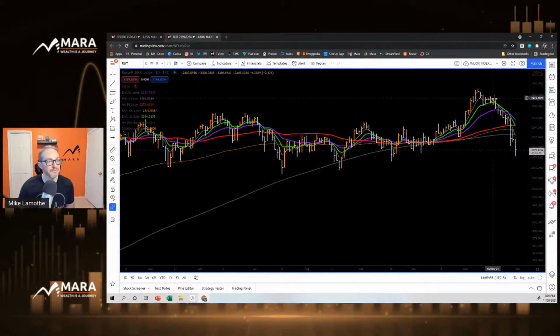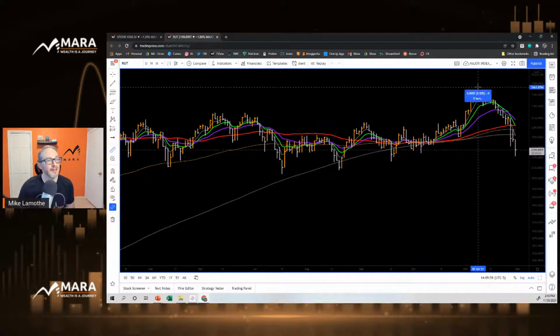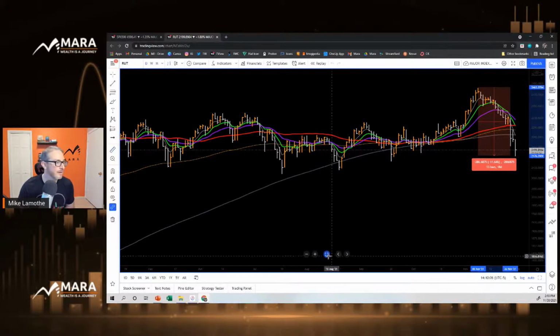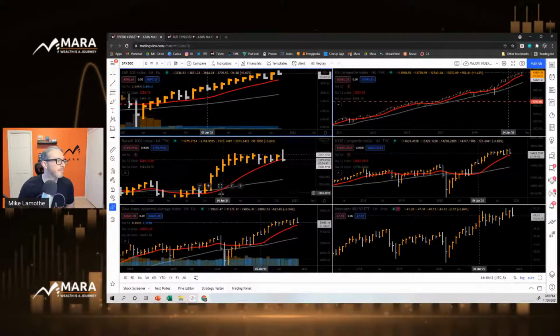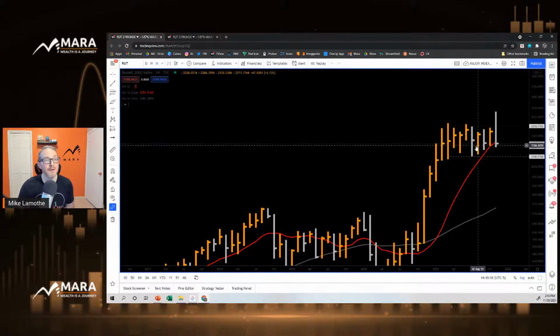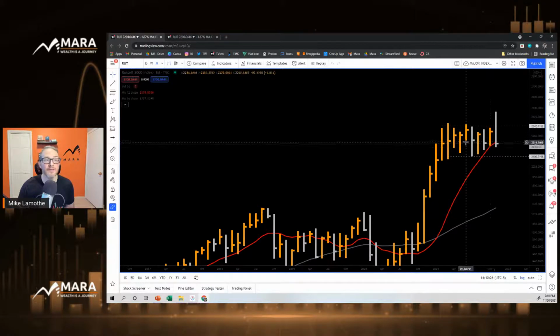The Russell, pretty steep decline so far. It declined about 11.5% from its peak. Take a look at that on a monthly time frame. It was in this basing area. It attempted to break out earlier this month, and that breakout failed. And now it's back into its range right here.